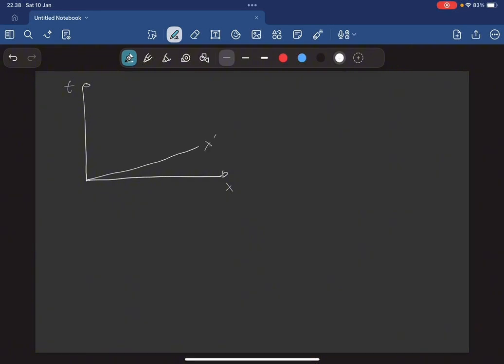This is x prime, t equals vx, t prime equals 0. This is the light ray, x equals ct. This is t prime, which is x equals vt and x prime equals 0.